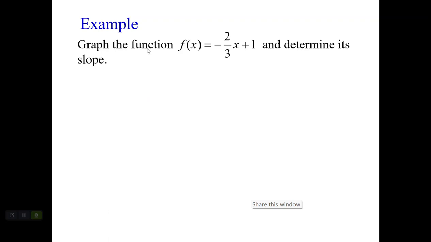All right, so if I have this function, can you determine the slope and graph it? Of course, we know this is mx plus b format, so your slope is -2/3, right? And then your y-intercept here is when x is 0, y will be 1.